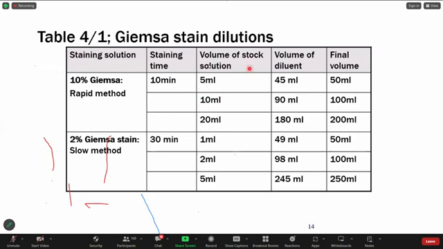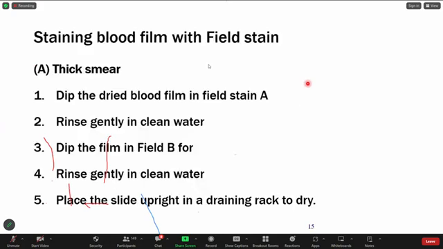But this table here shows us how much of the stock solution we add to the diluent to form the final volume that we require for the staining. And I want to tell you at this moment that the diluent we use here is buffered water when we are making Giemsa stain.